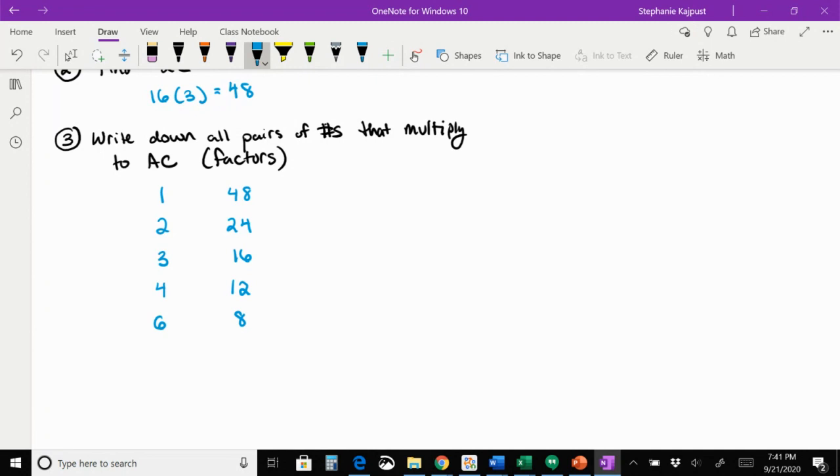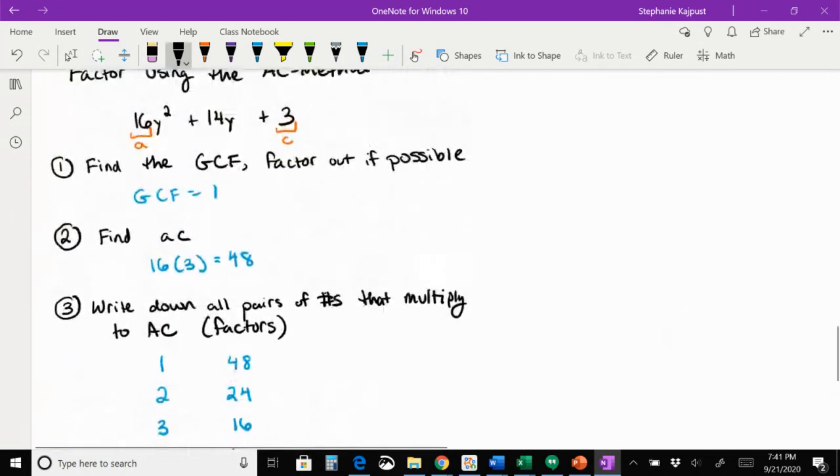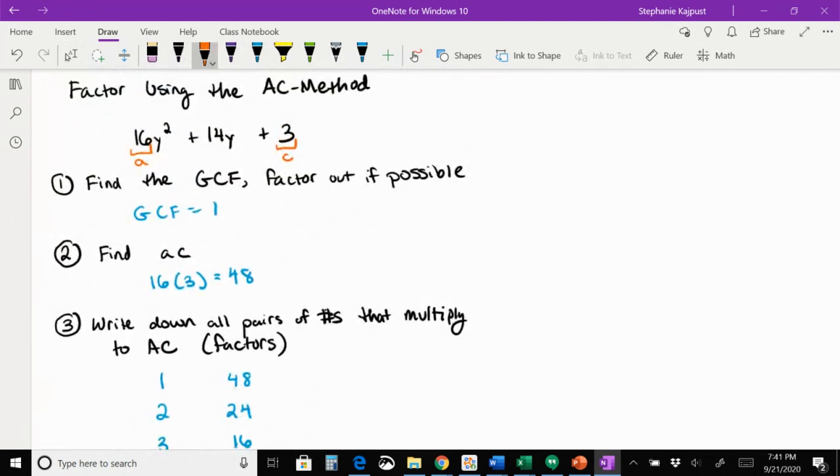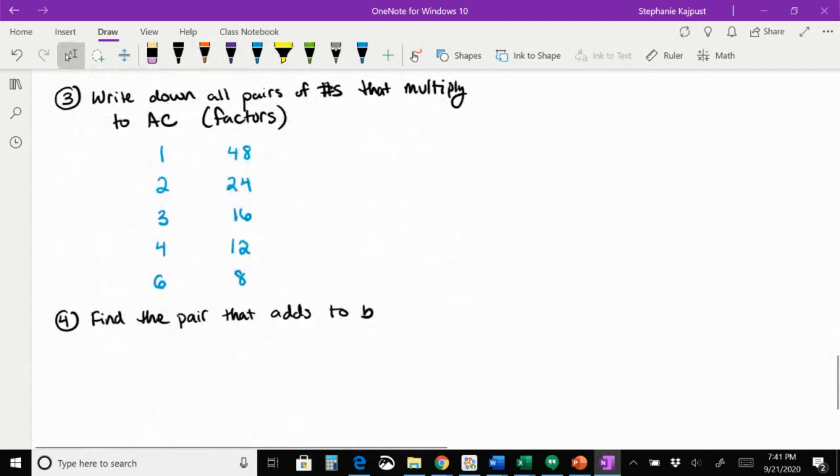Once you've written that down, you want to find the pair that adds to B. So I want to find the pair that adds to the middle number, 14. 1 plus 48 gives me 49.